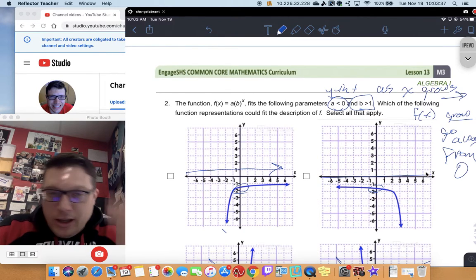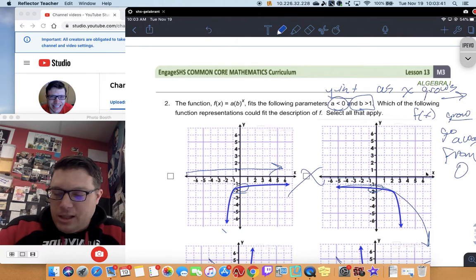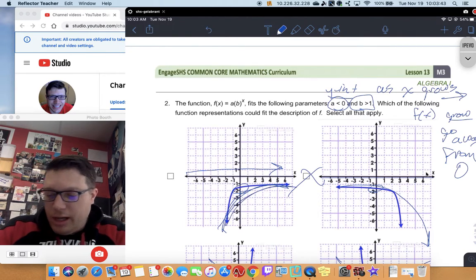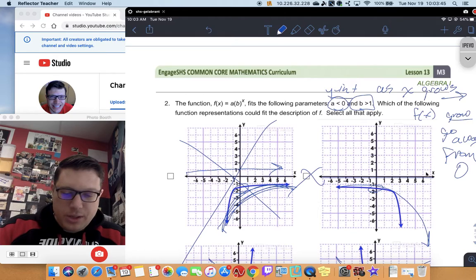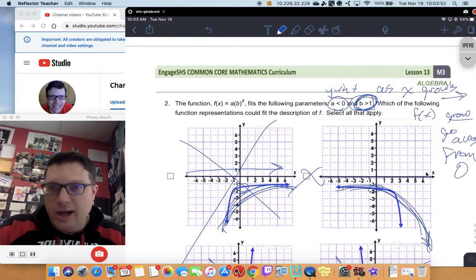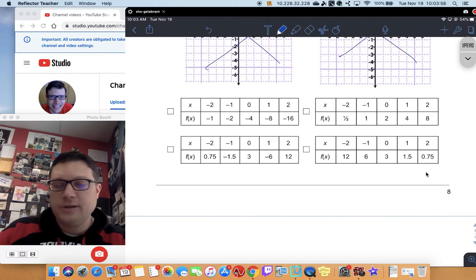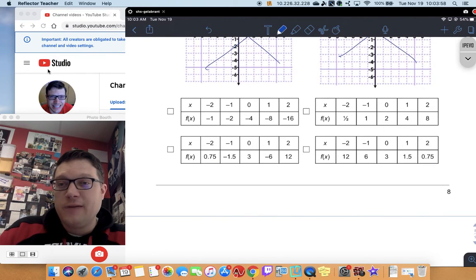It's this one. The other one, the function doesn't go away from 0. It gets closer and closer and closer. And so because this function gets closer to 0, it's out. When b is greater than 1, the function has to get away from 0 as we move to the right, and that one does. It'd be really helpful to have a graph to represent the points of this table.